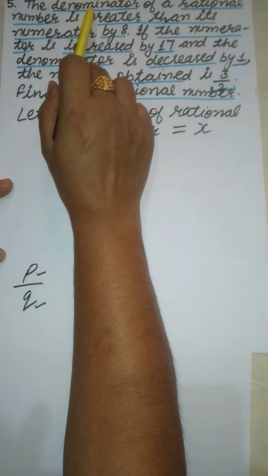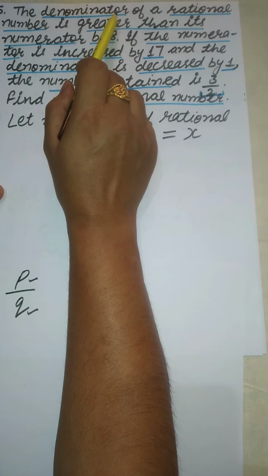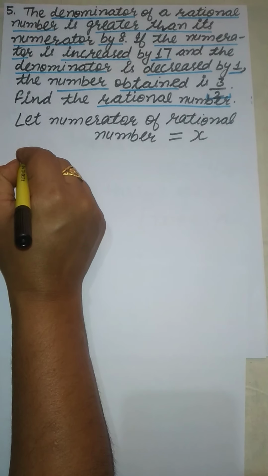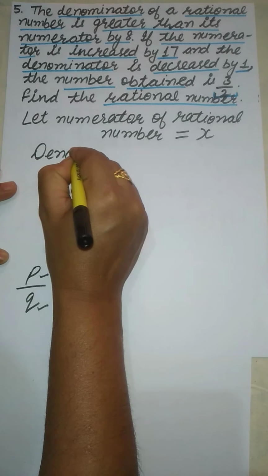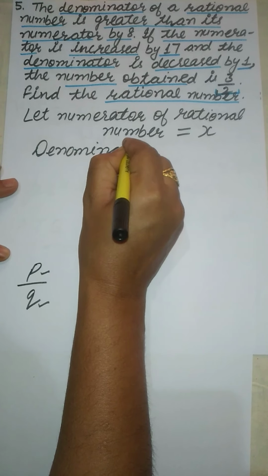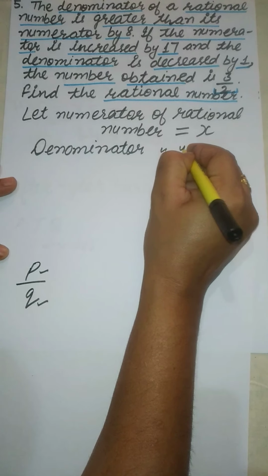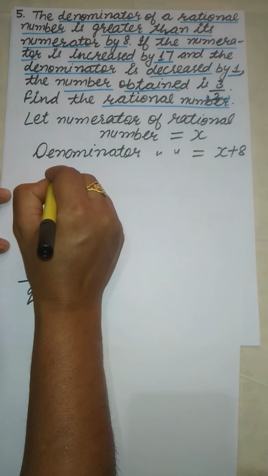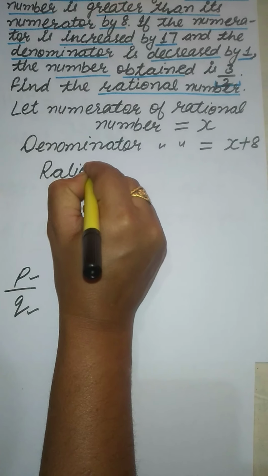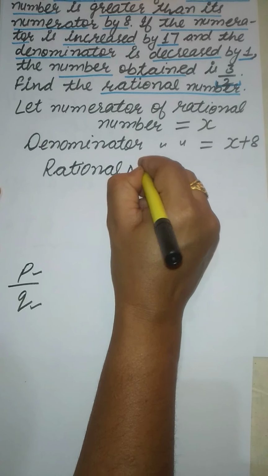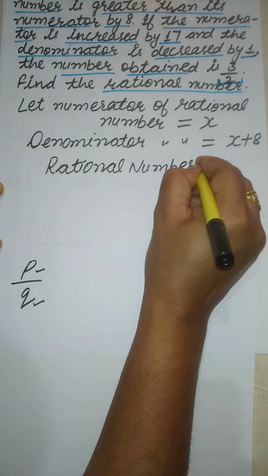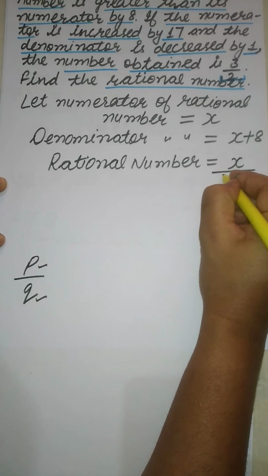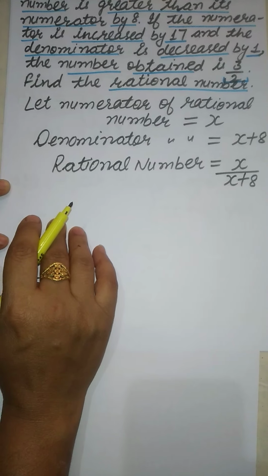The denominator is greater than the numerator by 8. So the denominator of rational number will be x plus 8. So the rational number is numerator upon denominator, that is x upon x plus 8.